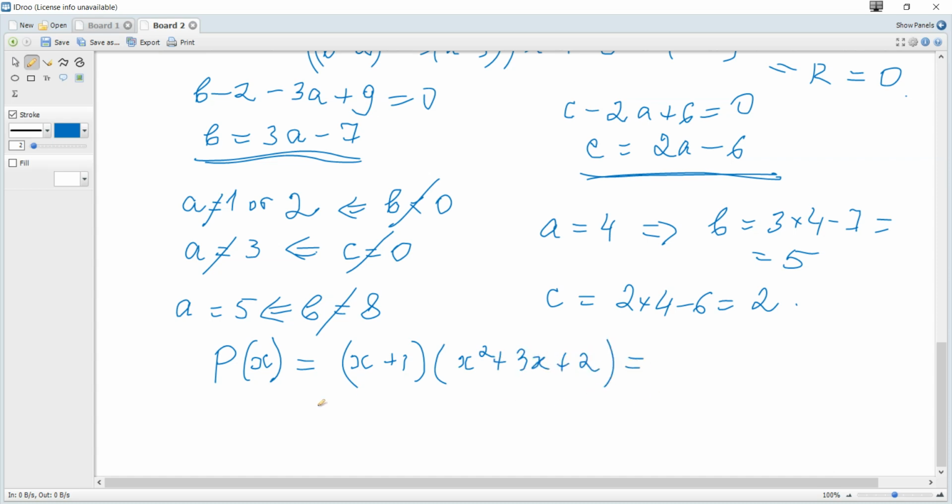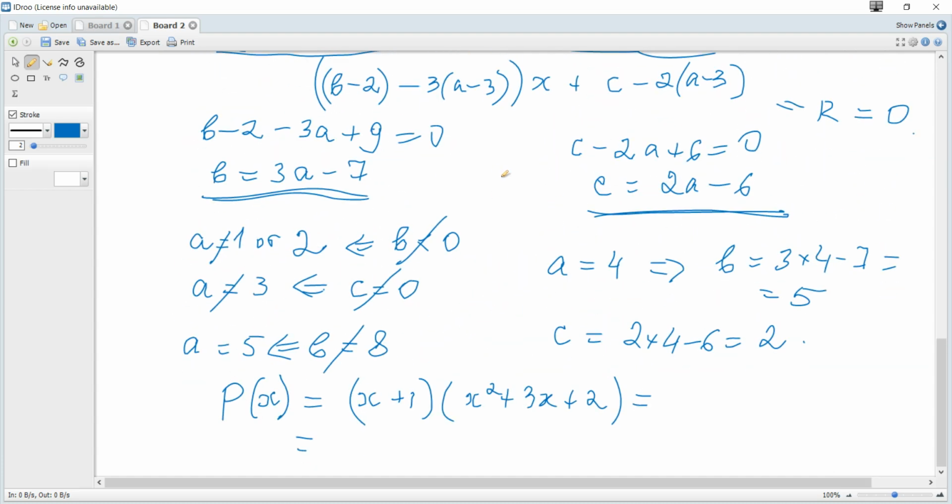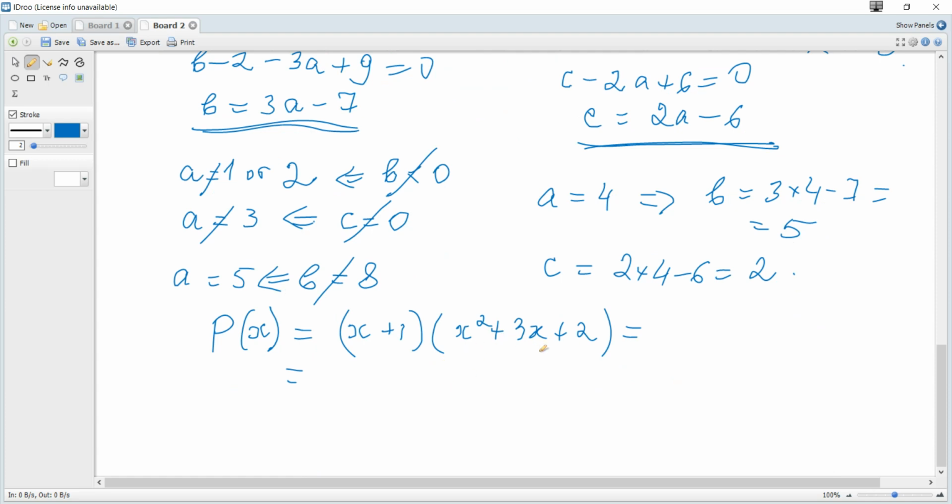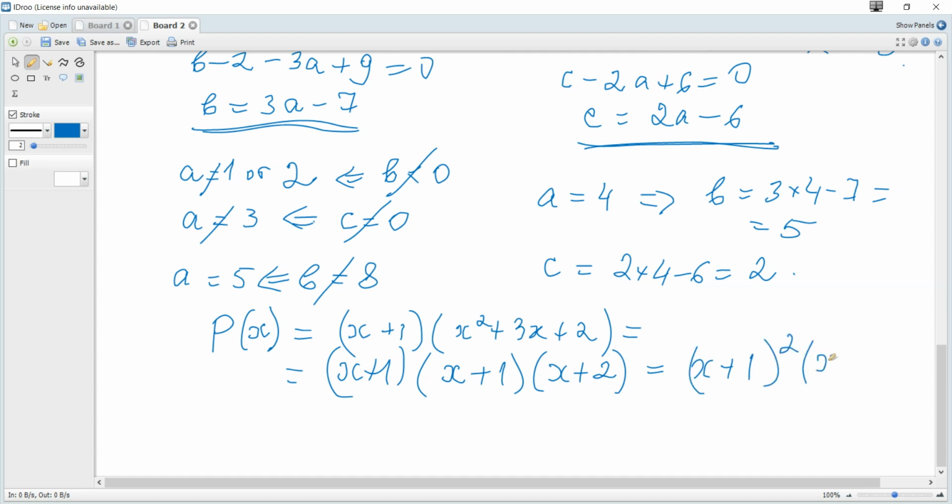It can be rewritten as a product of linear factors, so it's x plus 1, x plus 2, so finally it's x plus 1 squared multiplied by x plus 2.